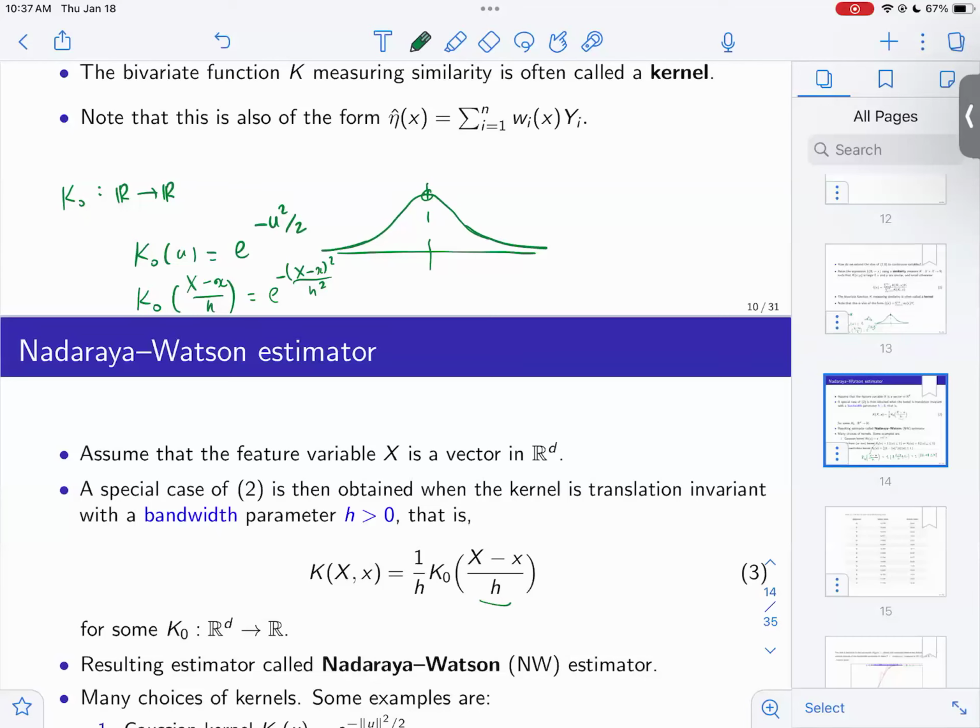If x minus x is 2, I'm here. If x minus x is 0.1, I'm here. But if I let h be 0.01, a difference of 0.1 divided by 0.01 would be 10, so I'm right here. So the scale is like, what's the resolution?